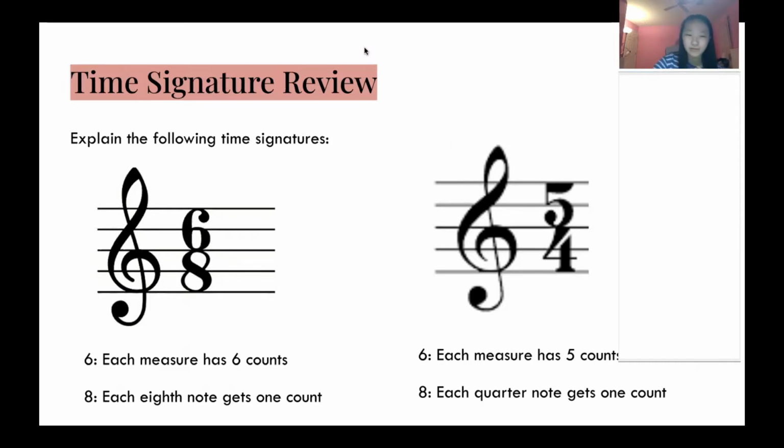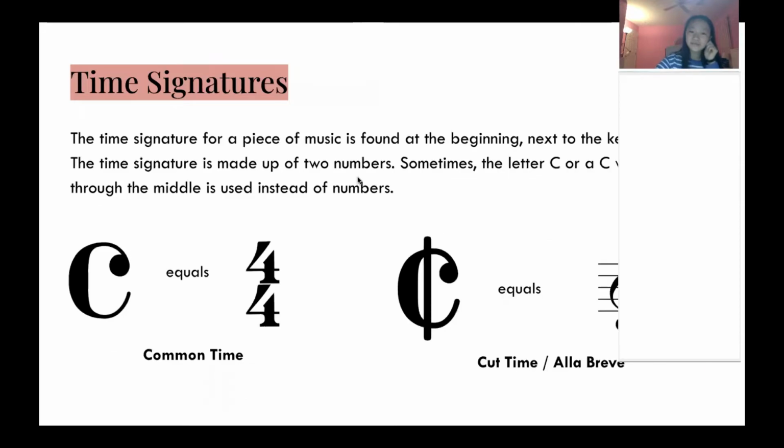Since we're going to be doing a little more complicated time signatures after this, just remember an easy way to tell which note gets 1 count: quarter means a fourth, so if it has a 4, a quarter note gets 1 count, and an eighth is 1/8, so when you see the number 8, just think of an 8th note. It's like a denominator. Exactly.